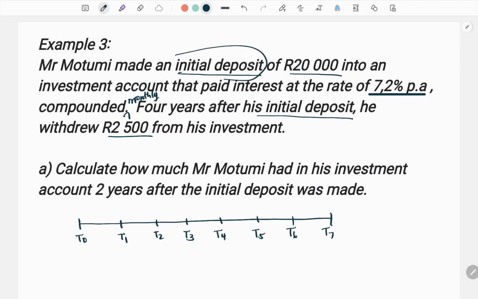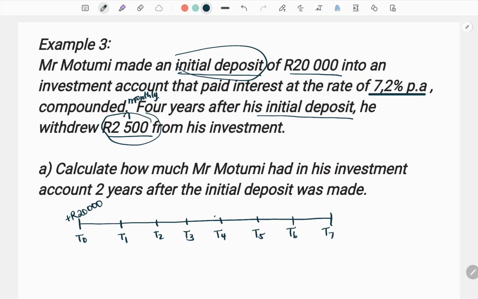Then he made an initial deposit of 20,000. You write plus 20,000. Now, 4 years after his initial deposit, he withdrew 2.5.